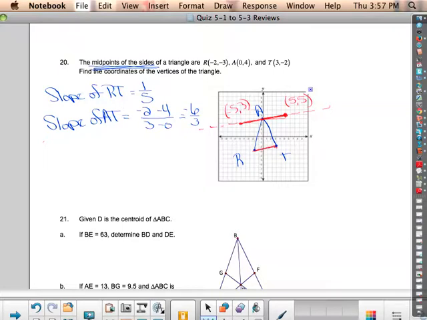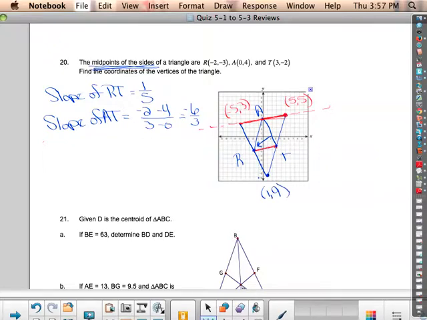I'm going to go to the point opposite AT, which is R, and I'm going to use that slope. I'm going to go down 6 and to the right 3. So now when I draw that line that connects the point -5, 3, it will pass through R, and land on that last vertex, which is going to be at 1, 9.